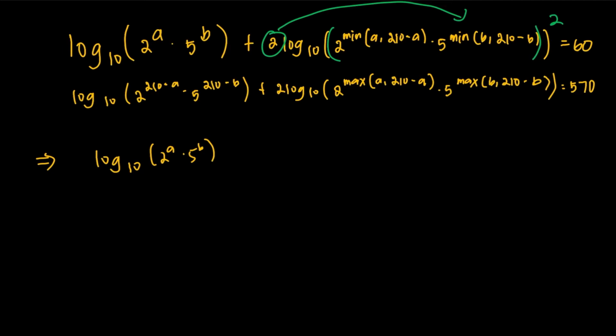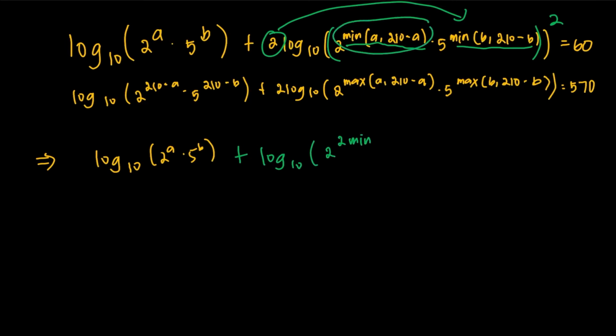Again, this is just a property. I could bring the exponent to the front and vice versa. So I know that I'm taking the square of 2 raised to the minimum times 5 raised to the other minimum. By properties of exponents, I could just multiply the exponents together. So the second term here is going to become plus the logarithm, still in base 10, of 2 raised to twice the minimum.